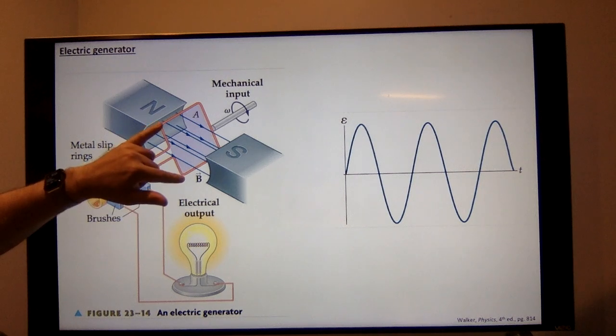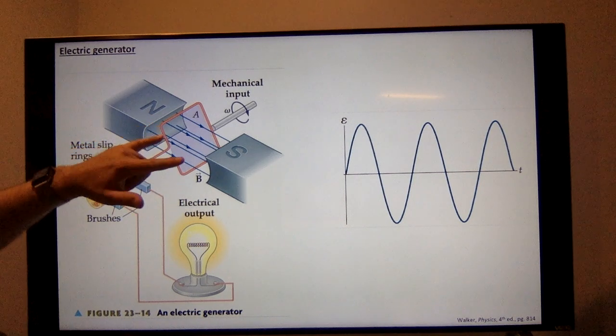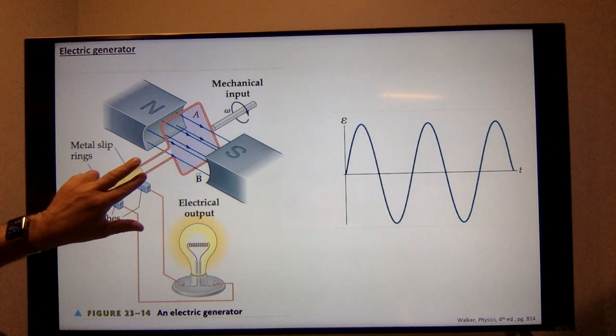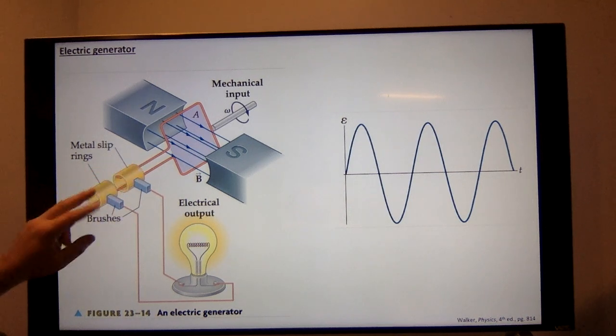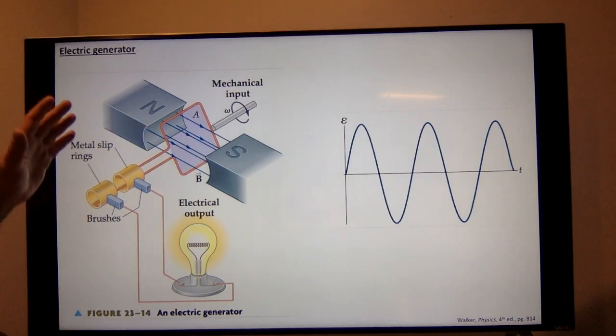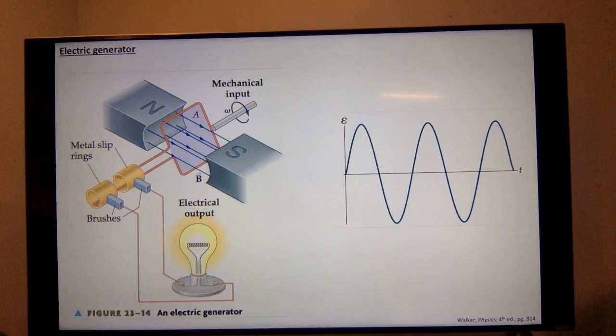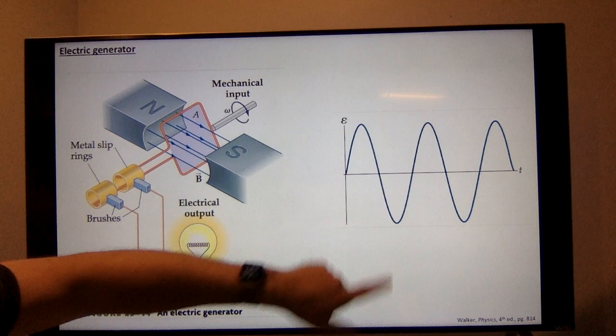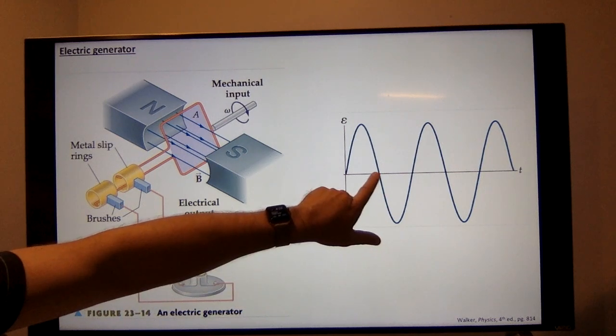And if it's always changing, it's always generating current. The thing is, in this particular case, because this is going to flip and then be the other direction, these two wires are changing, so these two are changing. What you're going to get is current that's induced one way and then current that's induced another way, and it's going to have a magnitude that's changing as well.